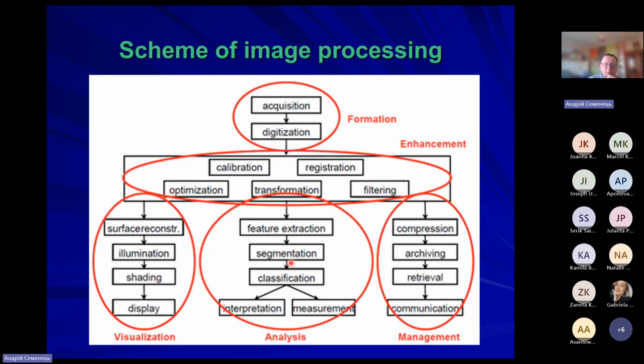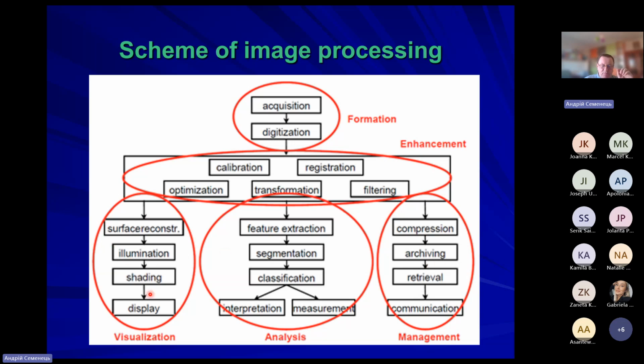Let's organize the structure in a different way and take a look at more details. Here we have the stage of formation, when we perform acquisition of our signal and convert it into a digital representation. Then basic enhancement, which includes optimization, transformation, filtering, signal calibration, registration, etc. After this stage, it's possible to do one of three tasks.